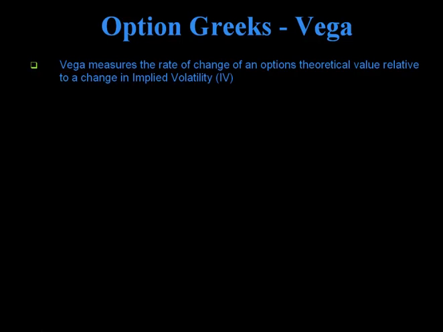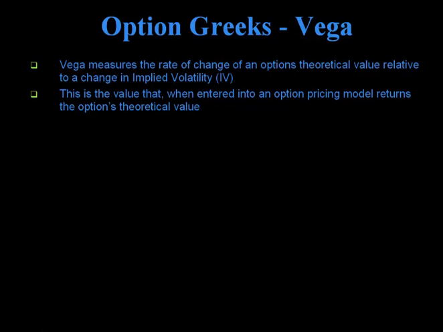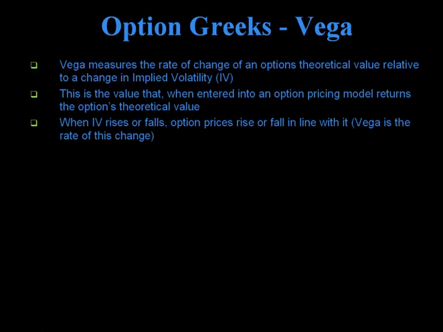Vega measures the rate of change of an option's theoretical value relative to a change in implied volatility. Now, implied volatility is the value that, as we talked about earlier, when you put it in the pricing model, it gives you the option's theoretical value, which is typically between the bid and the ask spread of an option price.